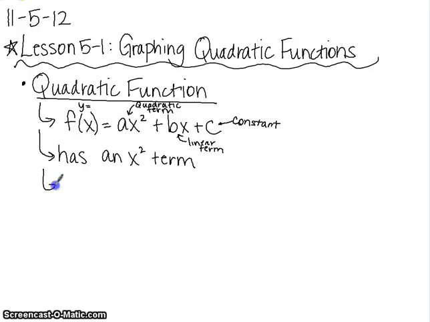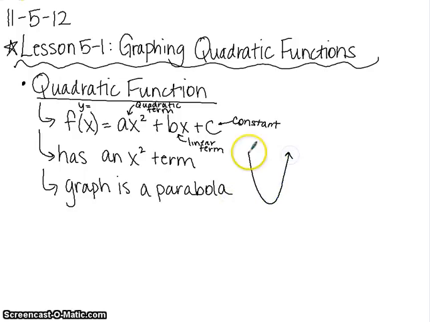And then the graph of a quadratic is a parabola. And remember, a parabola is going to be a U shape. Remember we talked about absolute values as being a V shape? Well, a parabola is going to be a U shape. Either they're going to be right side up or upside down.